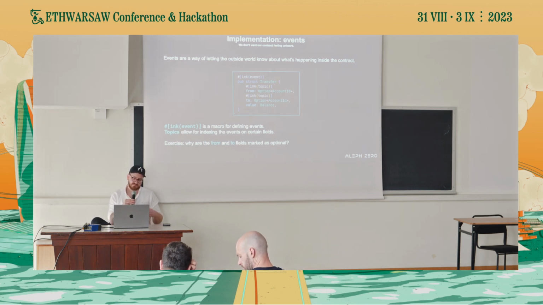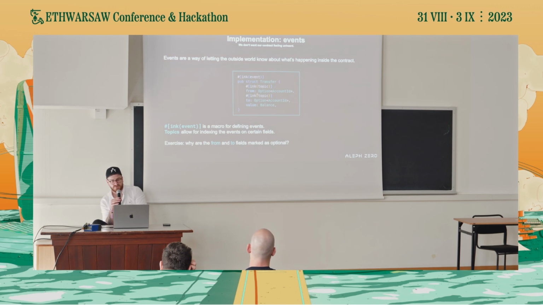So for example, here a good field to index on would be the senders and recipients of the transfers, because they should be pretty discrete and unique. The value wouldn't be a good field to index on, right? It's actually very similar to an index on a regular relational database, and pretty much the same do's and don'ts apply.